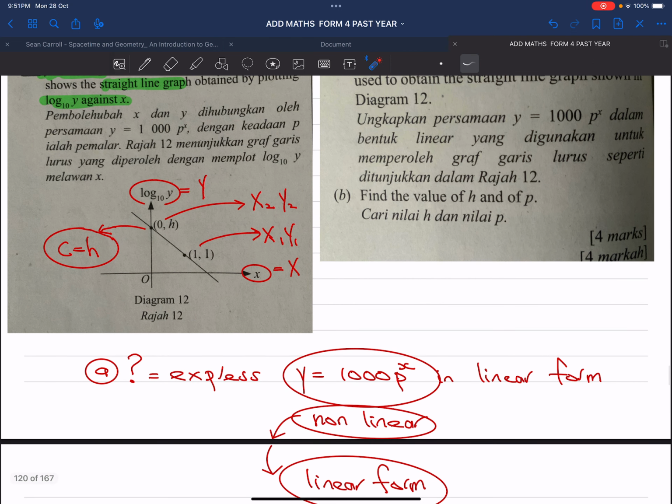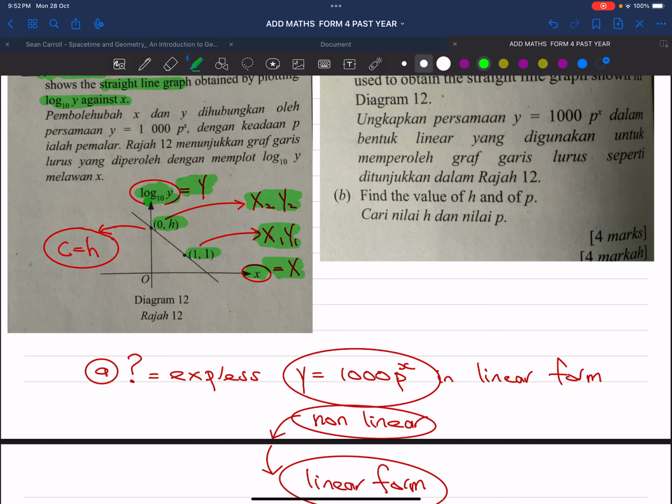How is it? The log y base 10 is the capital Y, x is the capital X, and we have two coordinates. 1, 1, which I label capital X1, capital Y1, and the 0, h, which I label capital X2 and capital Y2.